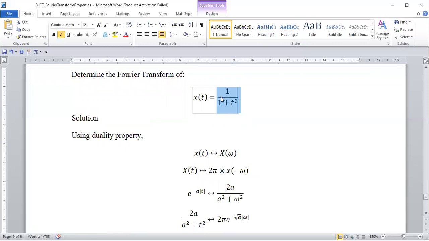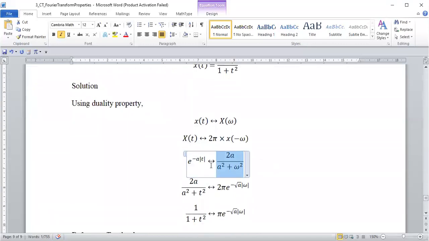So we have this signal here. And this signal looks familiar. It looks similar to this particular Fourier transform. So we're going to use the duality property. We know that if you have a signal given by this, this is the Fourier transform.